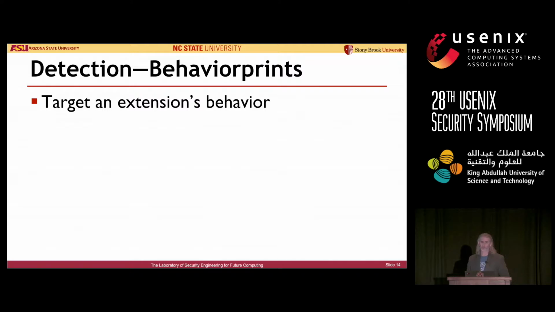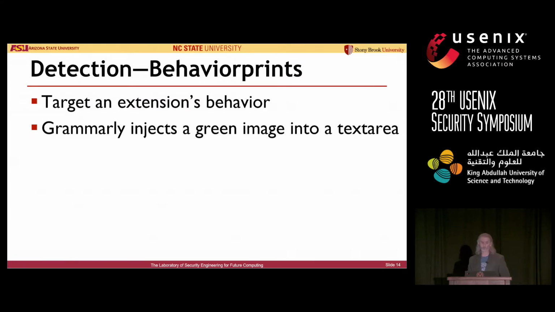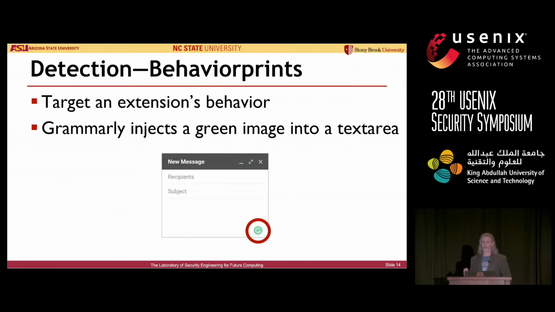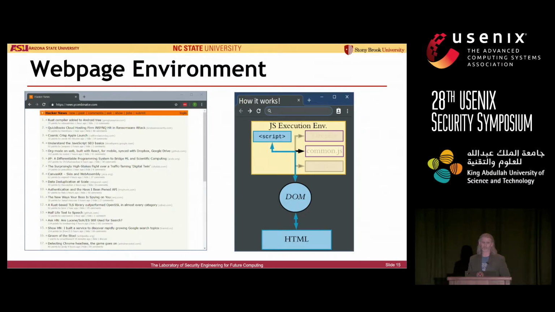The last one we look at is behavior prints. These are a targeted subset of structure prints, targeting the extension's actual behavior. Take, for example, the Grammarly extension. It injects a green image into a text area, like you see below. The web page can detect that this is injected, and this is the standard behavior we expect from Grammarly.